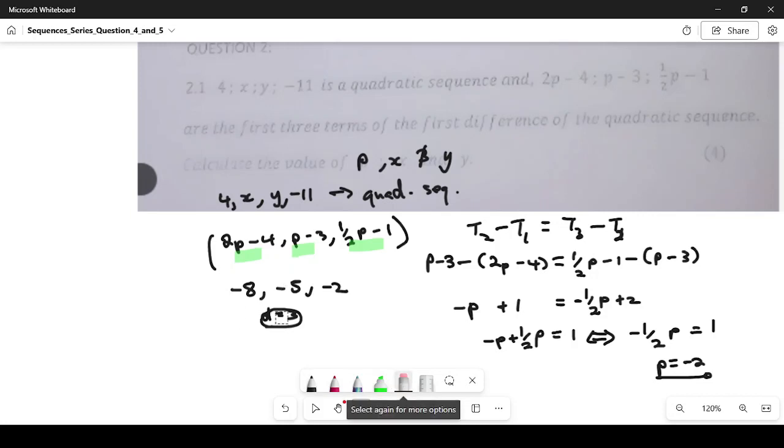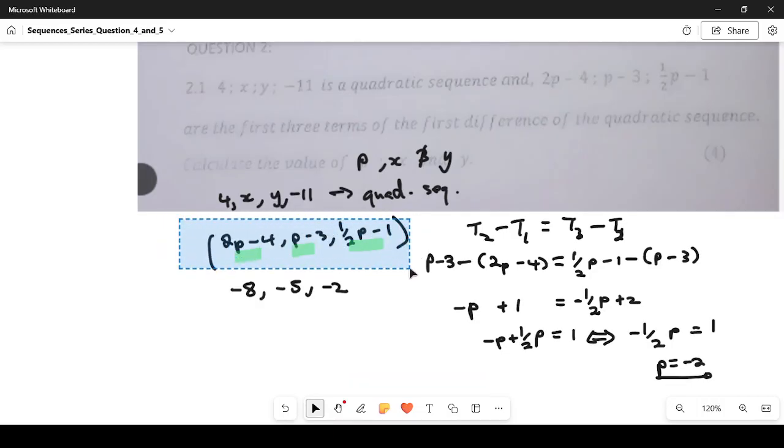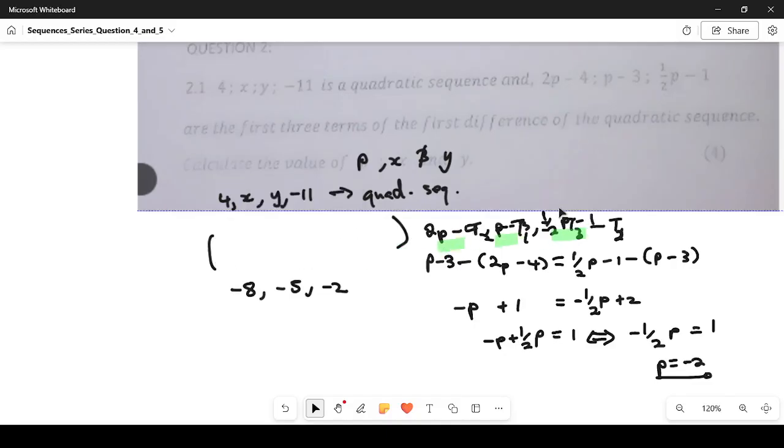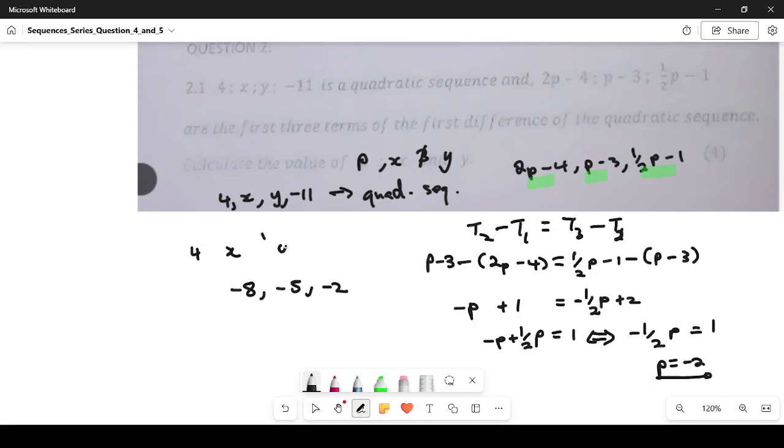And now we can work backwards. So that means our terms, we have 4 and x, we've got y, and then negative 11.